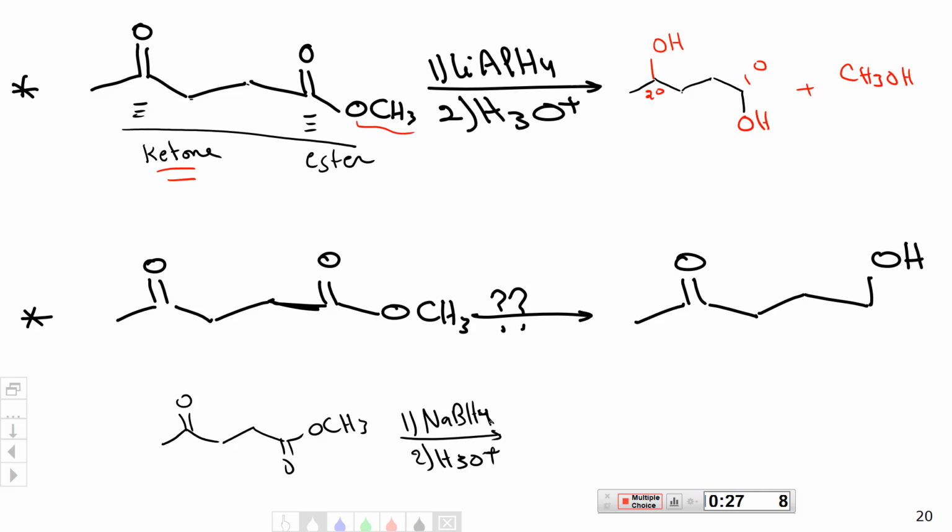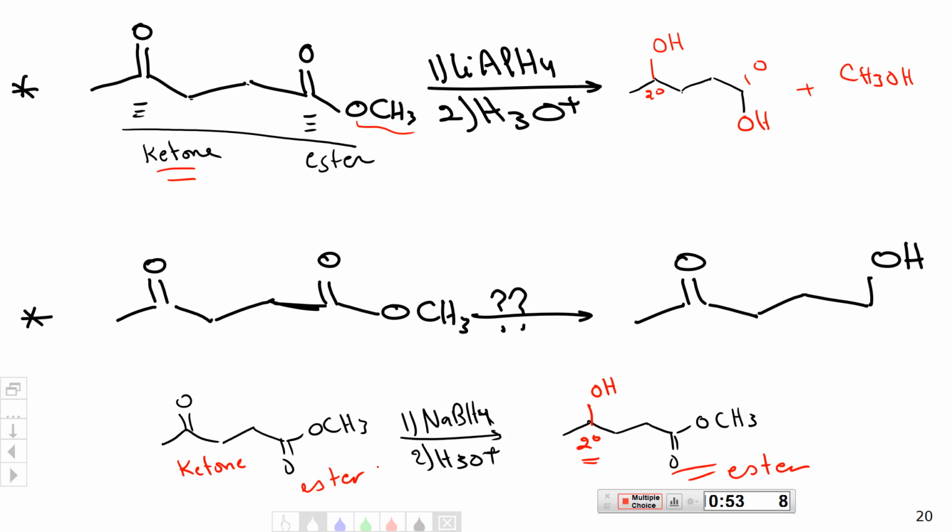It reduces ketones, aldehydes, but not esters, not carboxylic acids. So the expectation in here is that the ester is not affected, sodium borohydride is not efficient enough, while the ketone will be reduced to a secondary alcohol. Ester not affected. Right, all of these are facts.